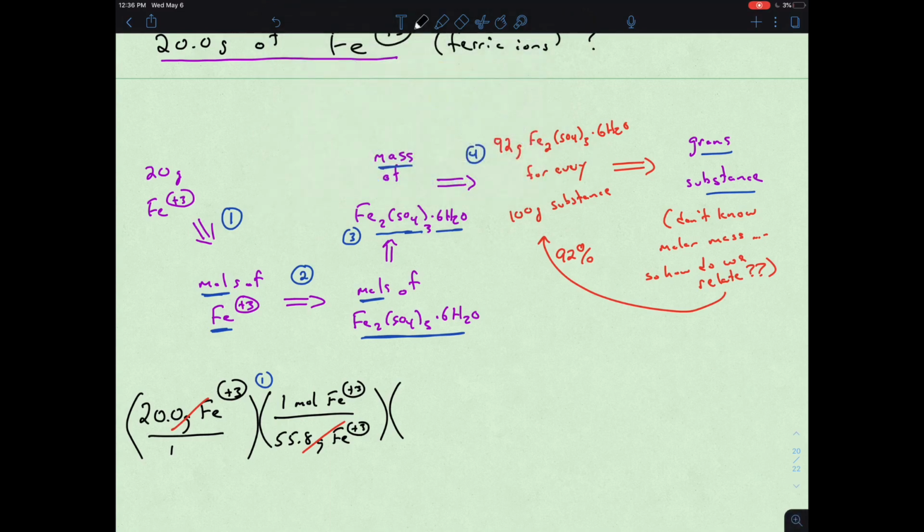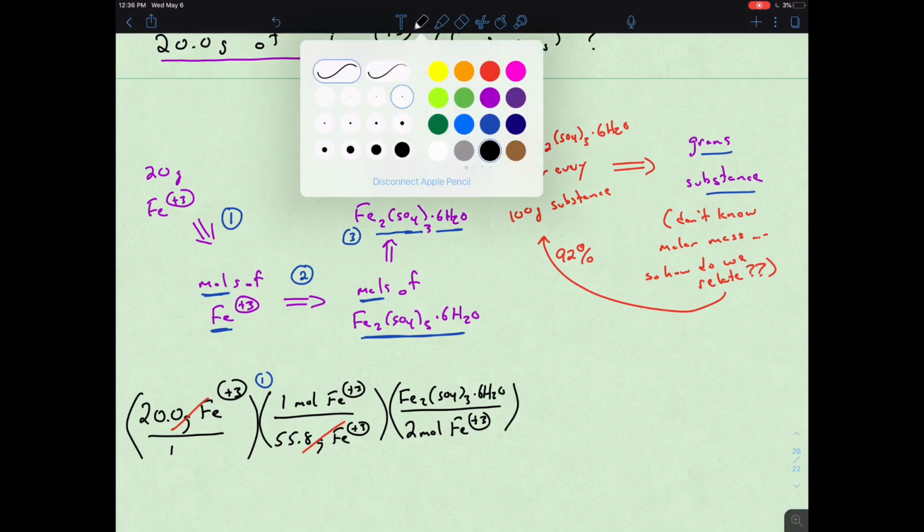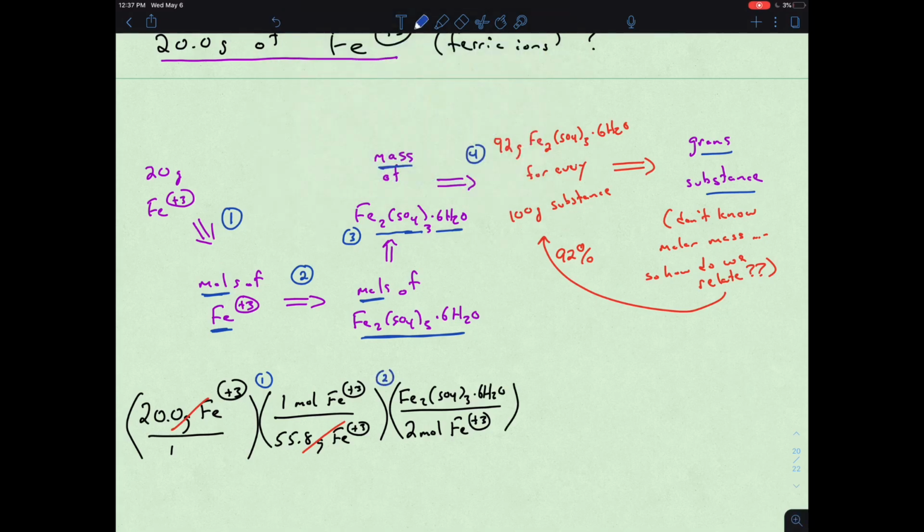Now we're at the second conversion, so we're getting into how that relates to the molecular formula. We have our iron plus 3, and then we have our molecule, the ferric sulfate hexahydrate. There's our second conversion. Here, now getting out of moles of the monoatomic element and getting into moles of the molecule.